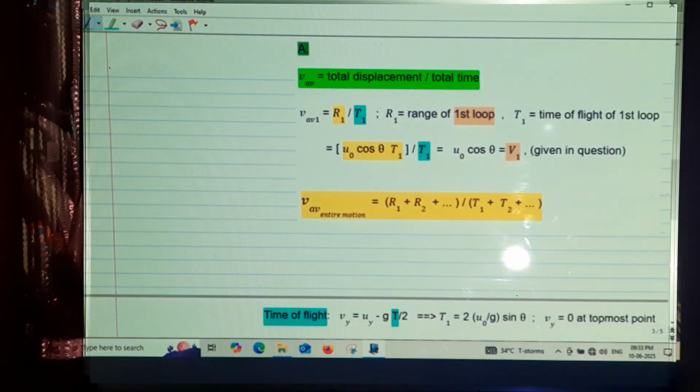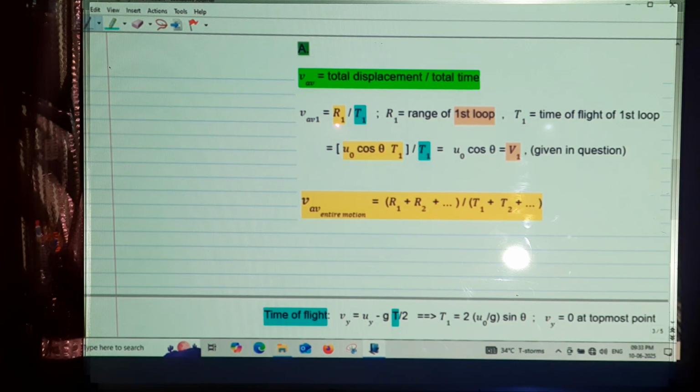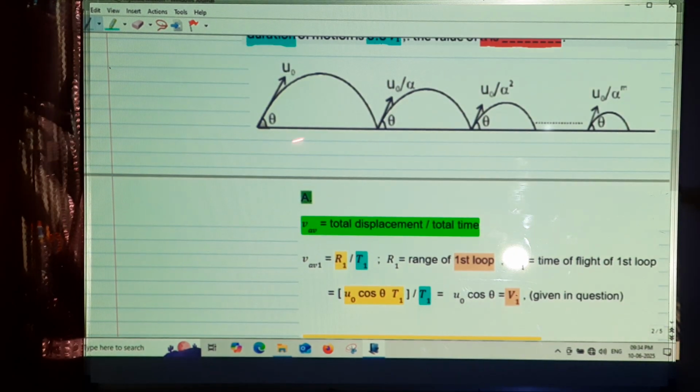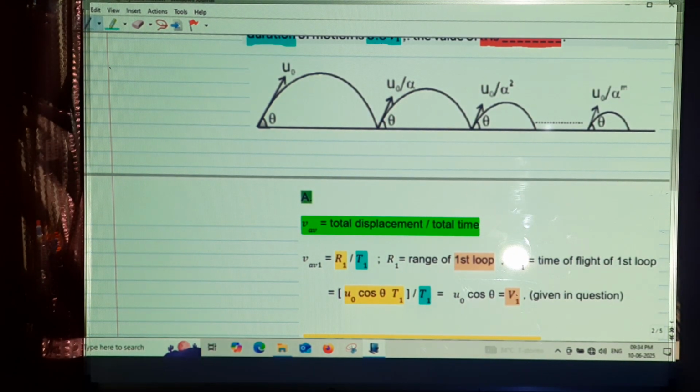That's the basic idea. The projectile motion is like a repeated motion. This one is the first part, then the second part, third part, like that. So the average velocity of the first part is between this point and this point. Between these two points, the displacement is R1 and the time taken is T1, the flight time.